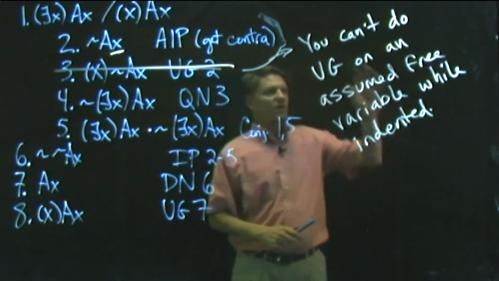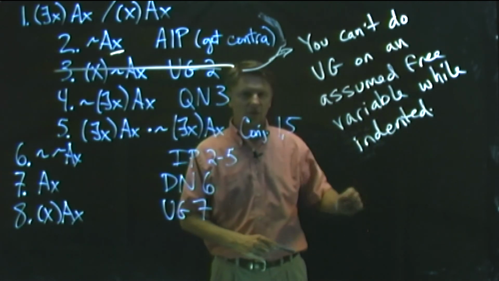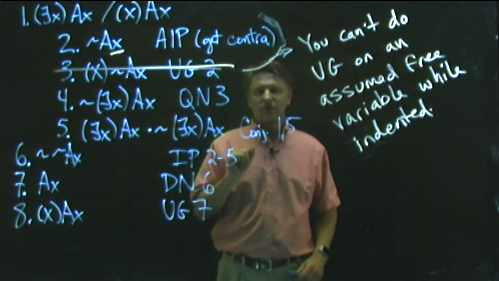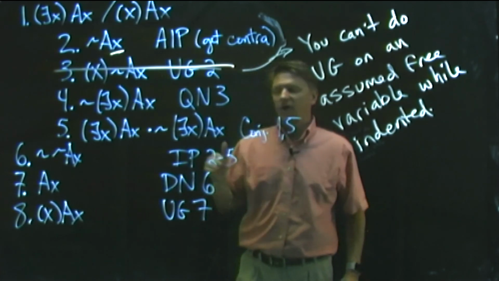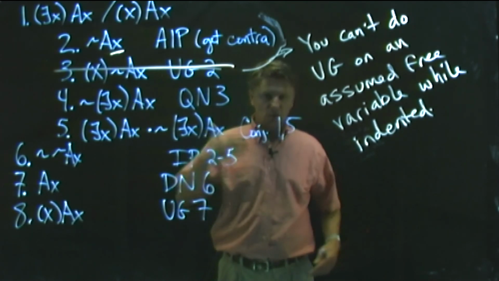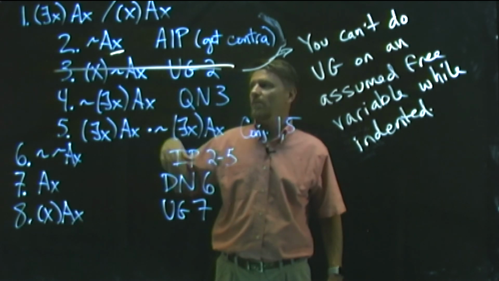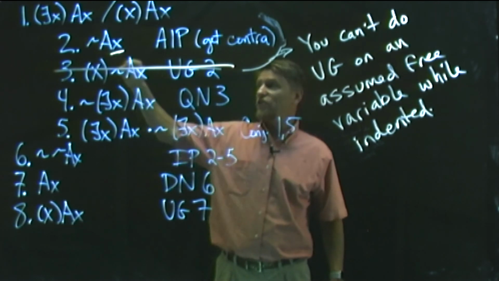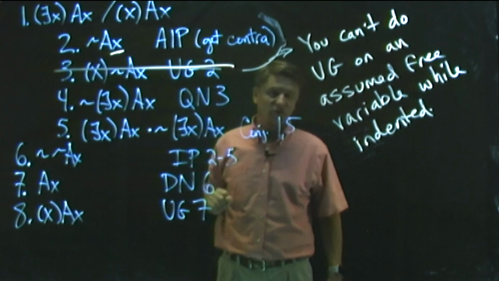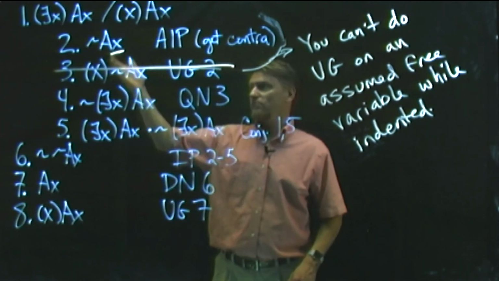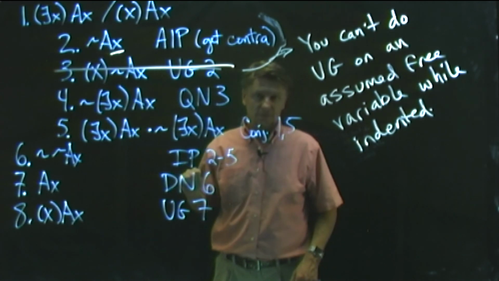So, got a lot of words over here, right? And you might be thinking, well, this is something I'm going to have to remember, going to have to worry a lot about. But I do have good news for you. A couple things. First of all, as you will see in the subsequent videos when we're doing other proofs in conditional and indirect proof in predicate logic, many times you won't even assume a free variable. So you won't even have a free variable there. And in that case, you won't need to worry about not doing UG while you're indented.